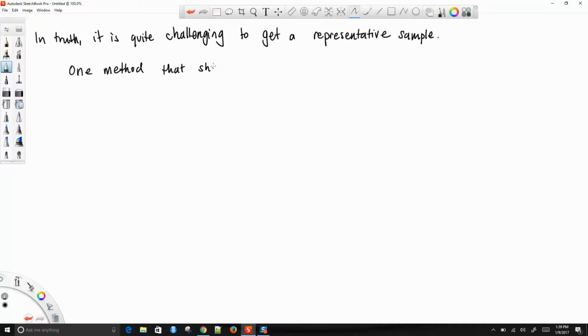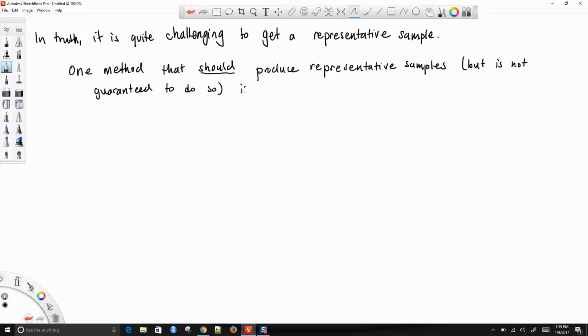that should produce representative samples, but is not guaranteed to do so, is simple random sampling, or we might call this SRS.